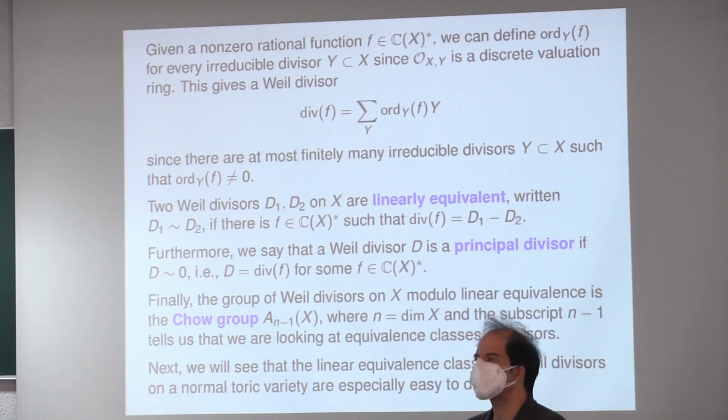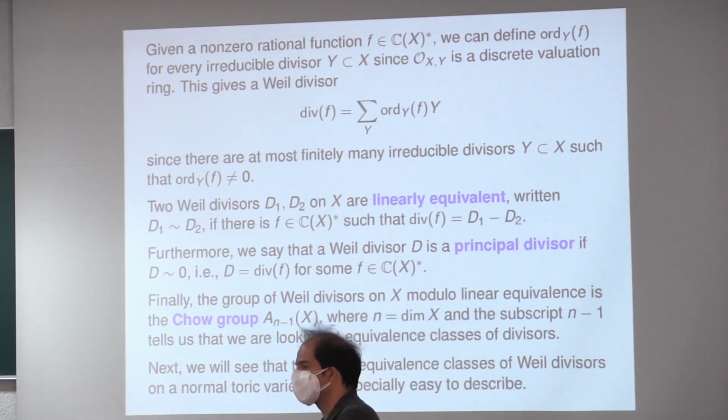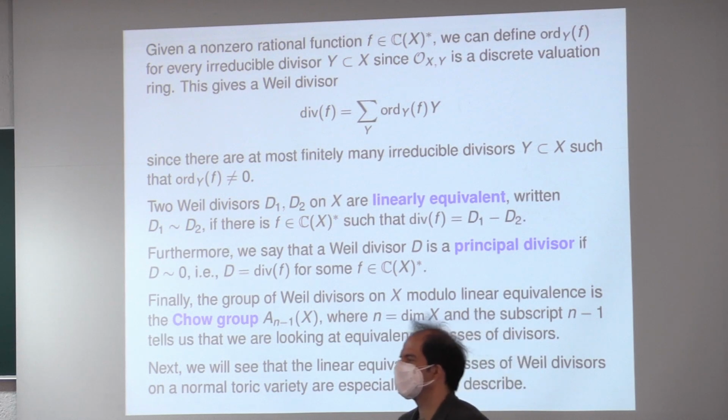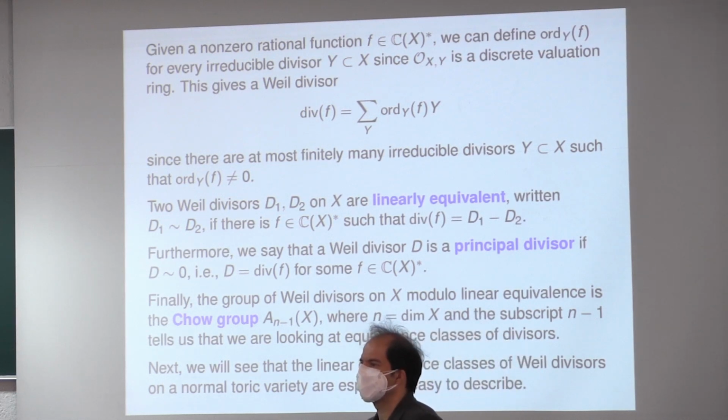Other questions? Yes, please. It was about when you showed the fans associated to the projective spaces. They were given by all the subsets of a certain set. Yes, proper subsets. That's a simplicial sphere. Is there any characterization for fans which have a simplicial structure in that sense?